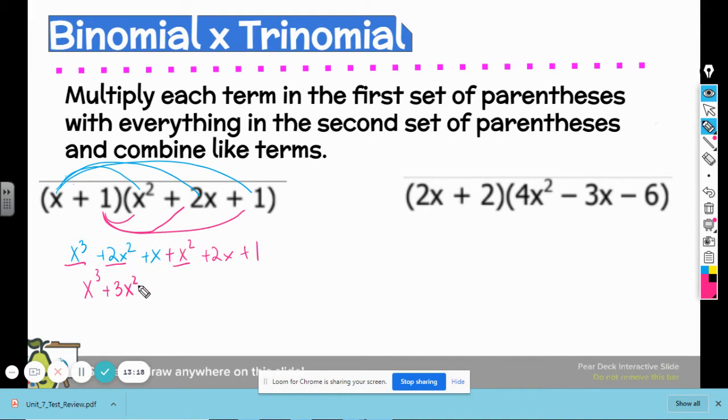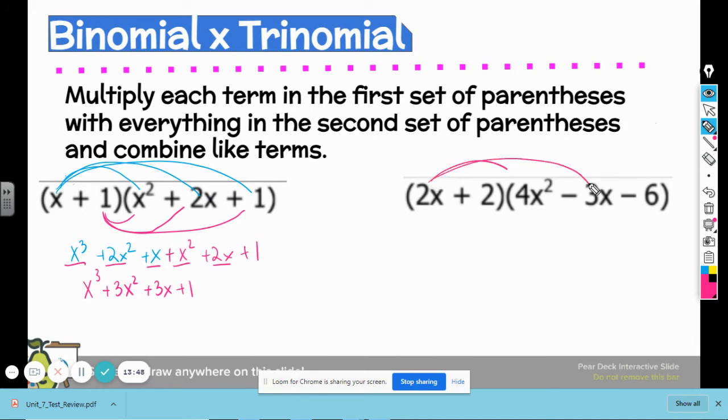I didn't suddenly have x to the fourth here. Okay, now we have x and 2x, so that's plus 3x. There's one of them and two more, that gives us 3. And then plus 1 goes at the end. Can any of these be combined? No. Look, all of the x's are to different powers.